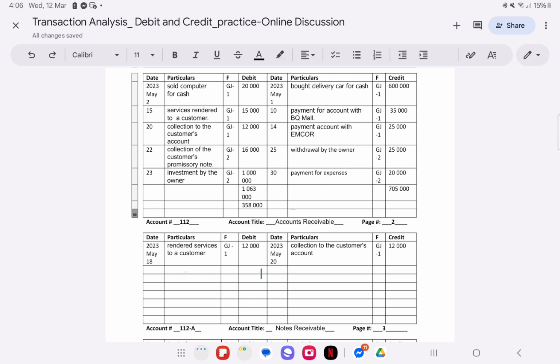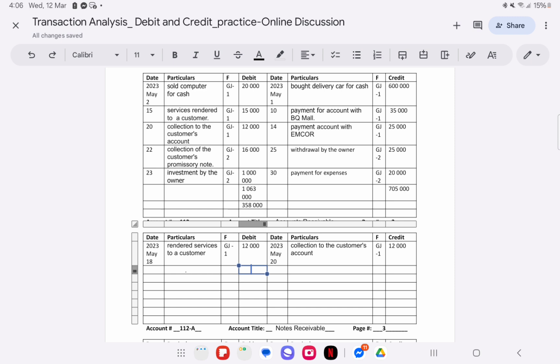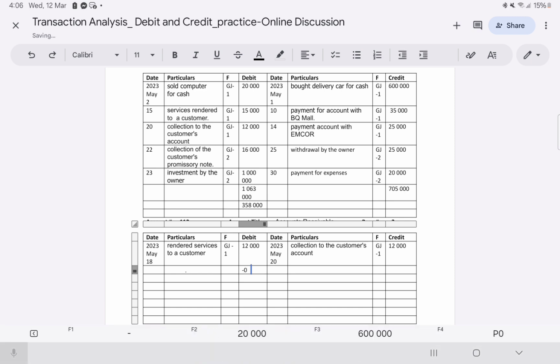It should be debit, no? So 12,000 and 12,000 kay gibayaran naman nato ang utang sa atong mga customers. So you should mark it 0. So balance na. Okay? And it's the time you should double line. Okay? So double line, it should be double line, ha?